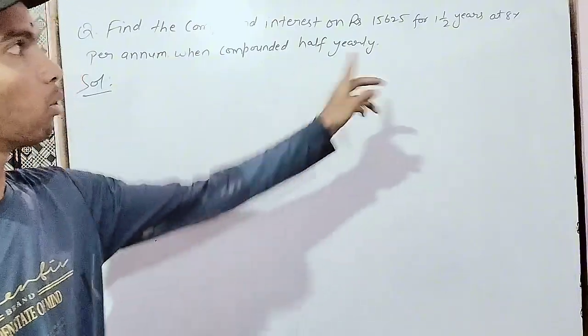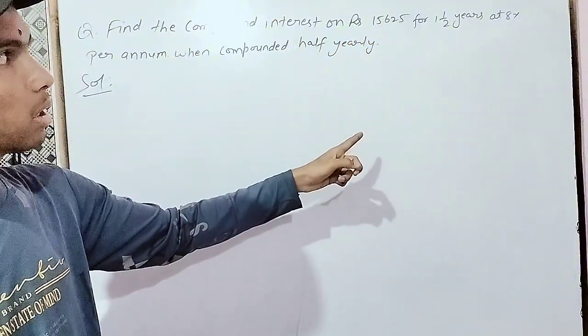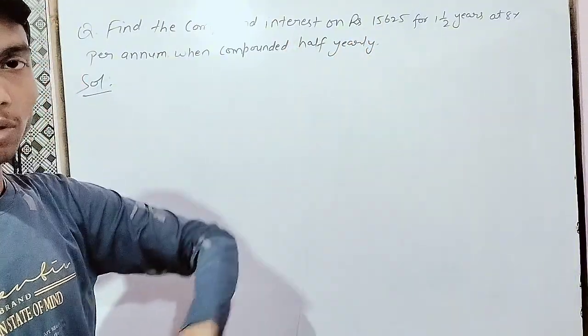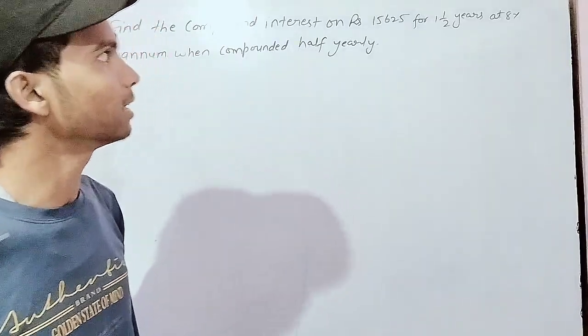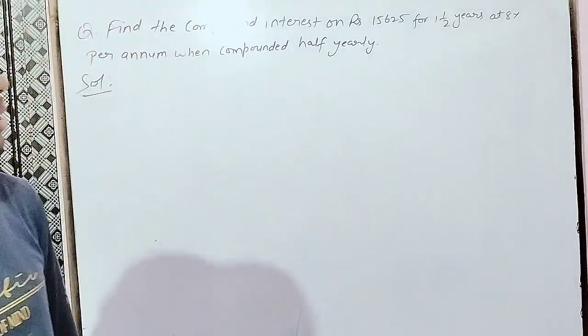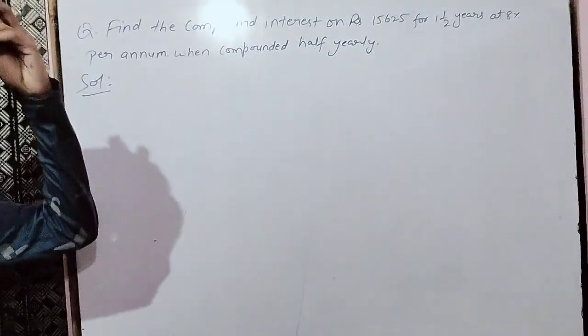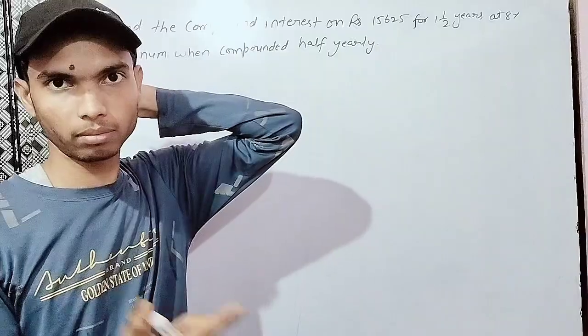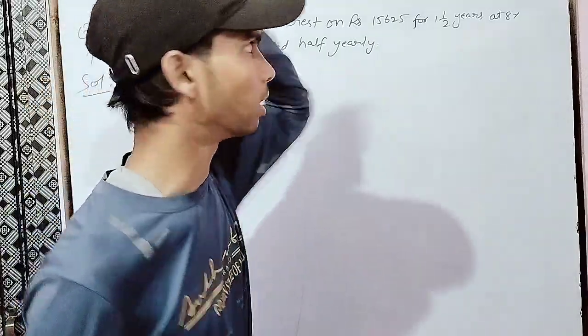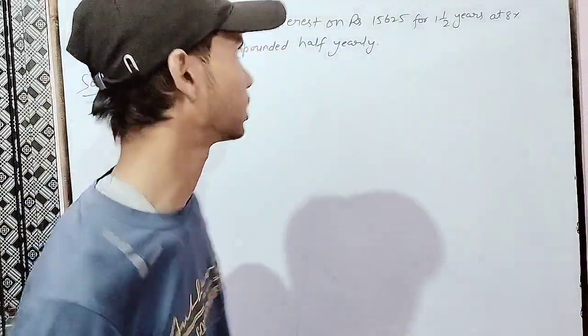Till here we are clear. For 3 by 2 years, we don't have an exact year, at 8% per annum, when compounded half yearly, because this is in half, that's why.